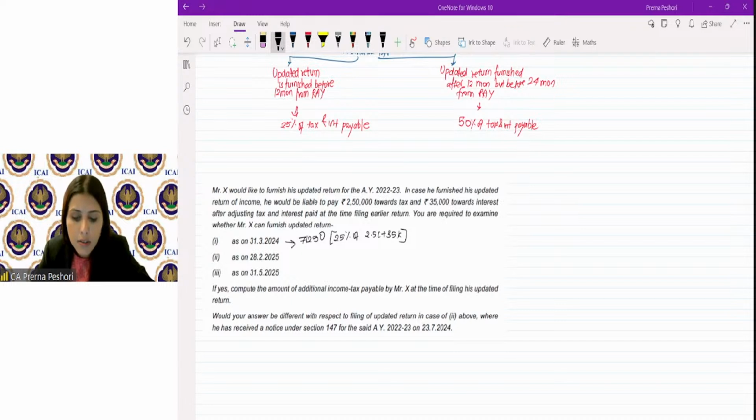And in the third case, yes, in the third case, it cannot be filed, correctly, after 24 months. So in this case, it will be 1,42,500. And what if the reassessment notice has been received?